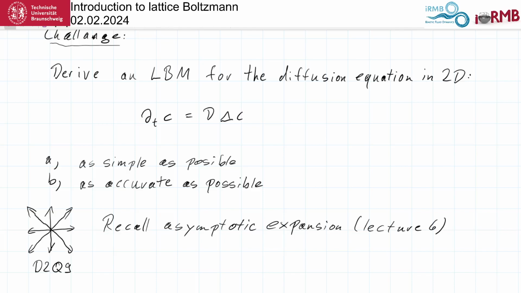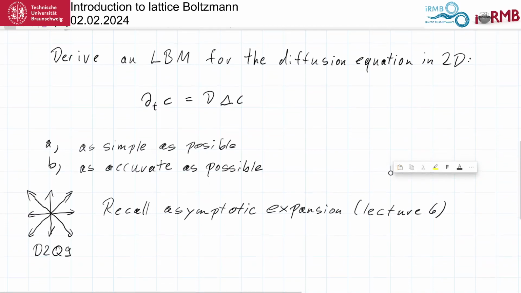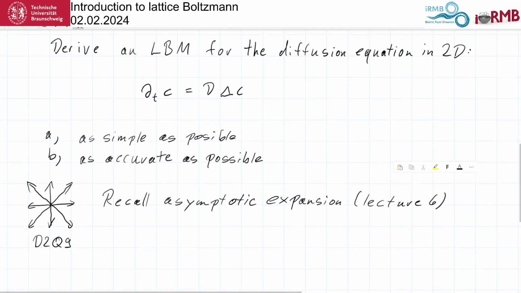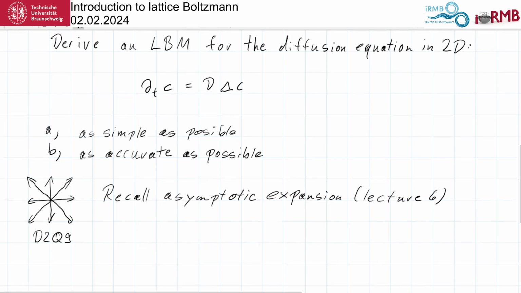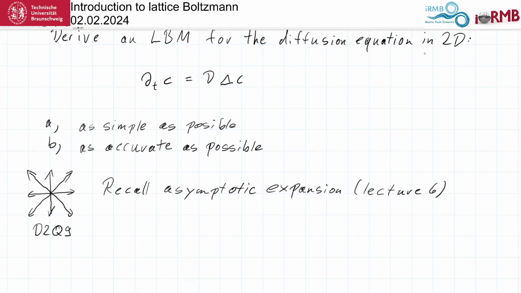So the starting point for us to build a model is to recall the asymptotic expansion that we have addressed in lecture 6, and we'll call this equation 13.1. So this is a repetition.